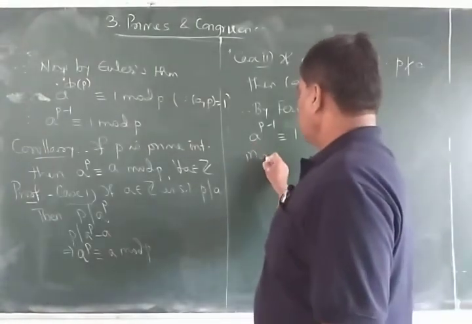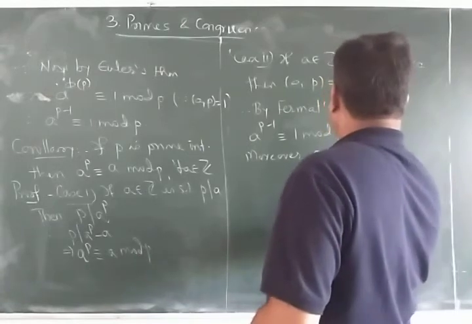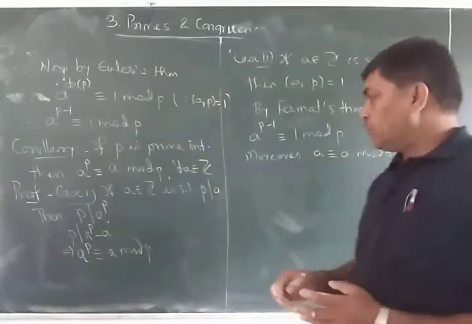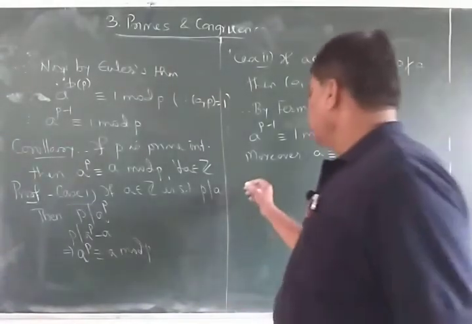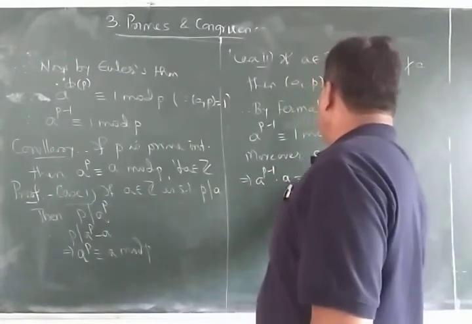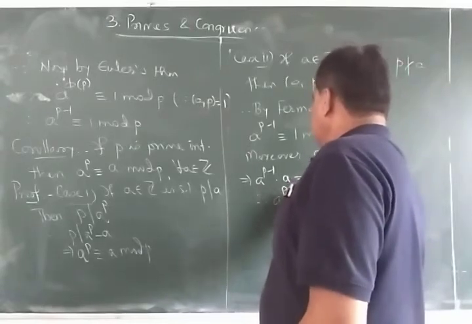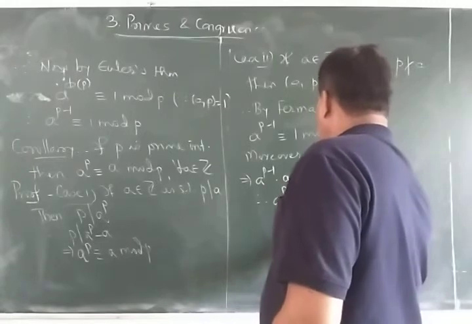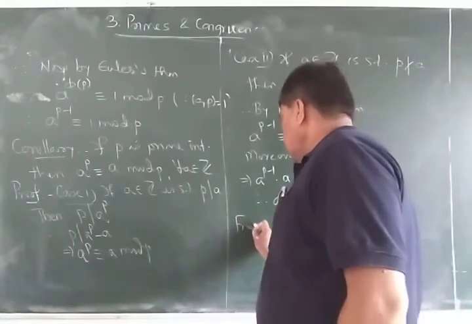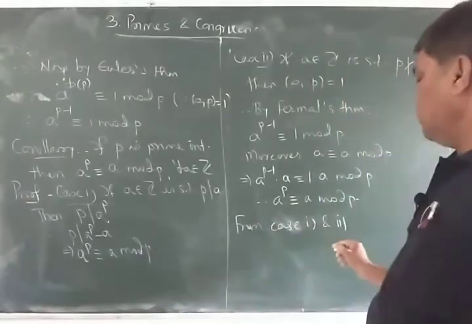Moreover, a is congruent to a mod p, because p divides a minus a, which is 0. This implies a raised to p minus 1 into a is congruent to 1 into a mod p. Therefore, a raised to p is congruent to a mod p. From cases 1 and 2, the result is proved.